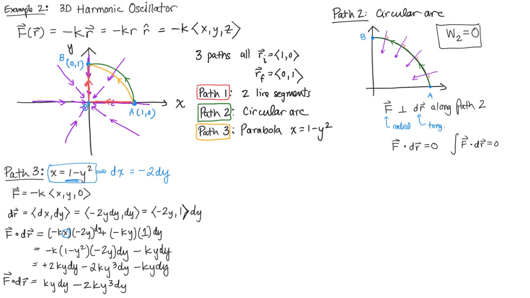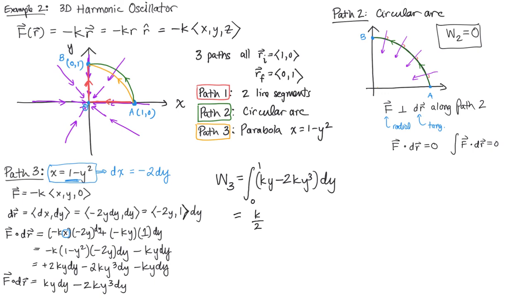So now we have to integrate that to find the work. We march along here, and the work done along path 3 is simply the integral of this whole thing that we just found, (ky minus 2ky cubed) dy, integrated from y equals 0 to y equals 1. Well, this integral is straightforward.